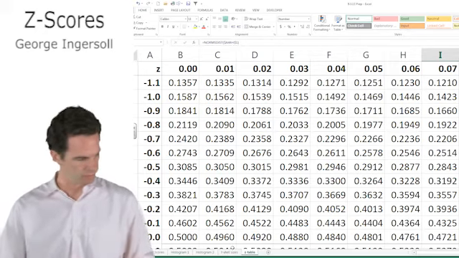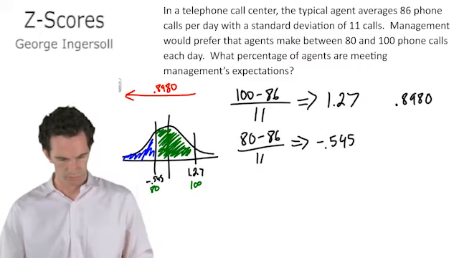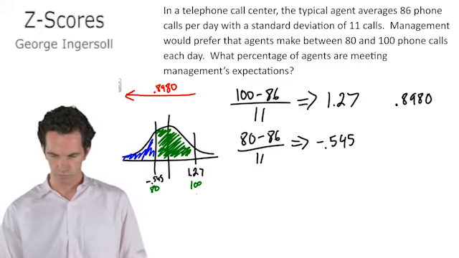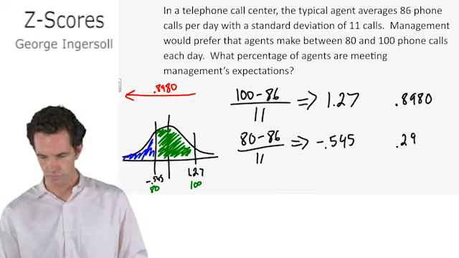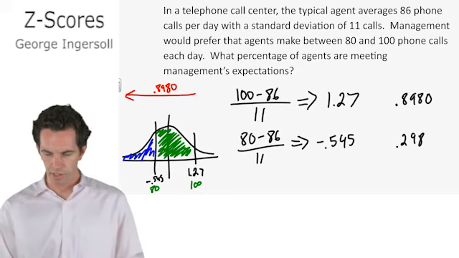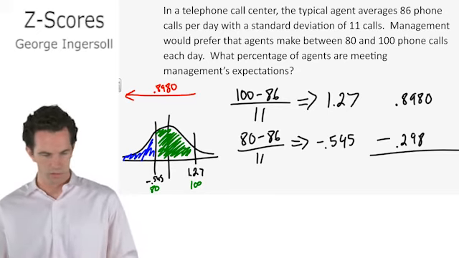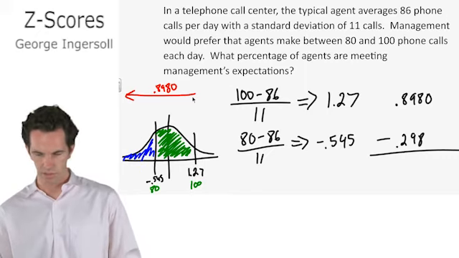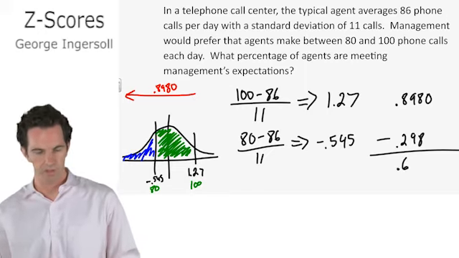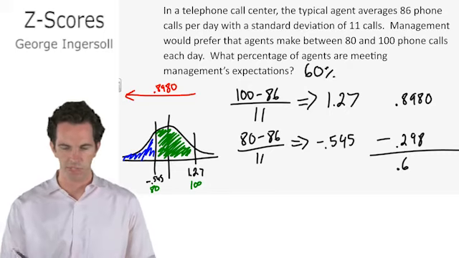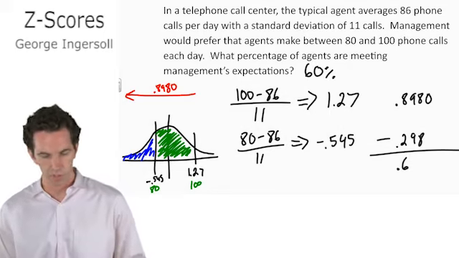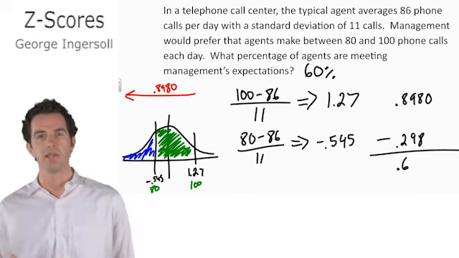I'll call it that. And so we ended up subtracting this from all of this, and we get 0.6. So about 60% of our agents are meeting our expectations. In other words, they're making between 80 and 100 phone calls.